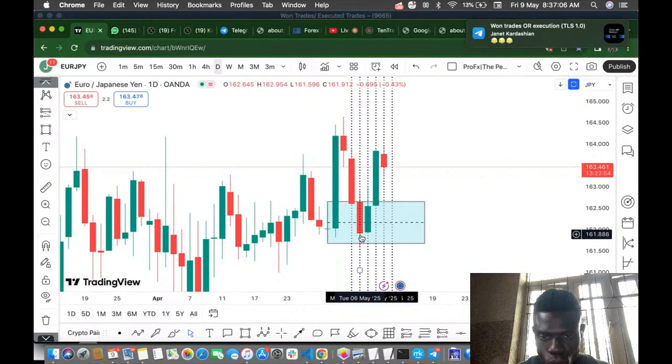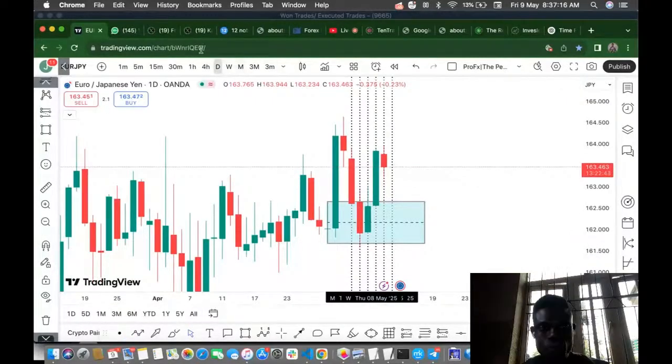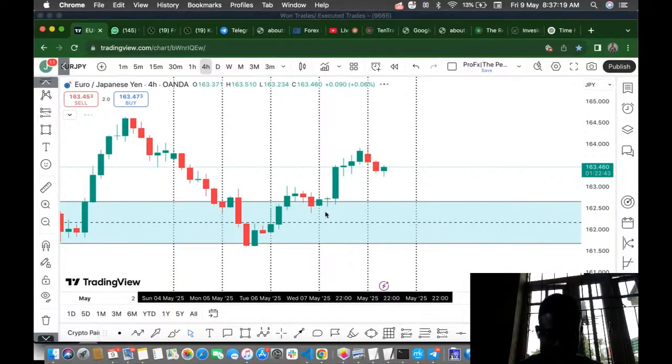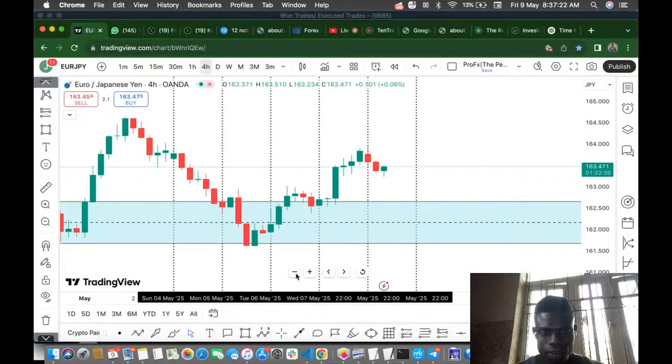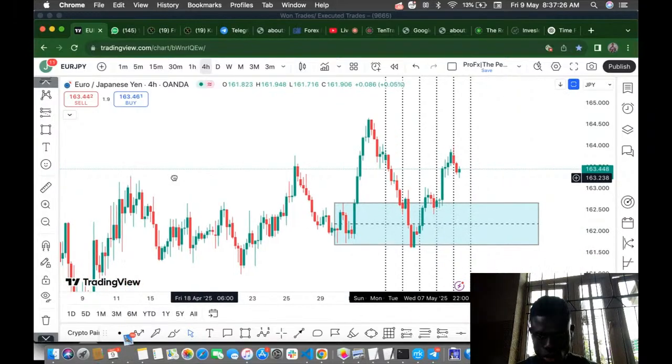After my loss on Tuesday, I saw that on 15 minutes I had to wait for the realignment, and I entered again with my one lot. So after daily and 4 hours, I must see a pullback. There must be a bearish order flow pulling back towards the discount.